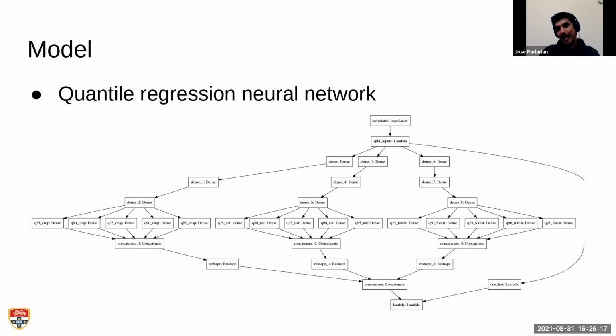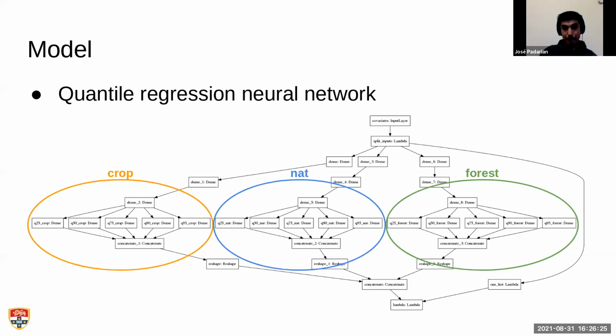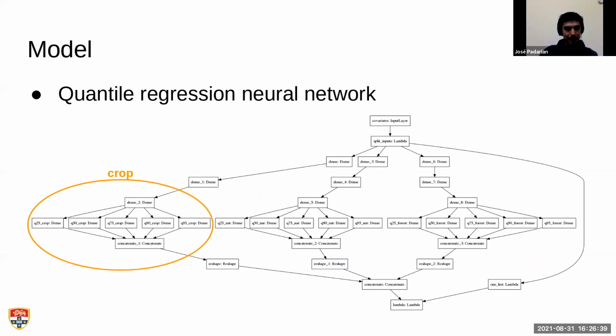And here we have a way more complex neural network. You can't necessarily see all the text that is there, but this is a combination of 3 models, one to predict carbon in croplands, another in forest, and another in natural areas that are not cropland or forest. And we're mainly interested in cropland in this particular study.